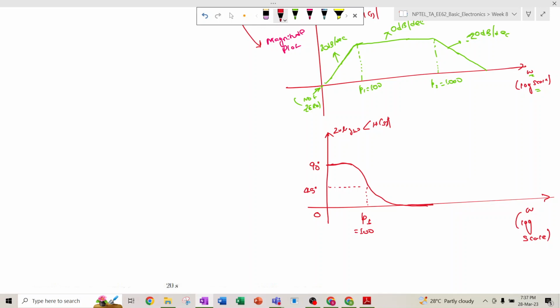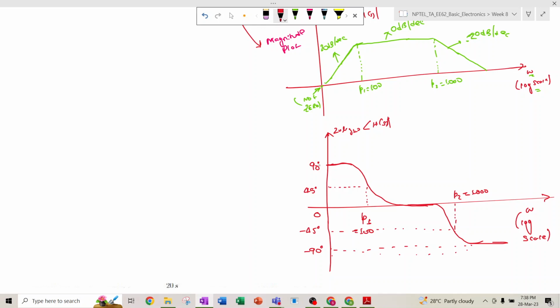Similarly, there is another pole, p2 equal to 1000, which also contributes minus 90 degrees, with a minus 45 degree shift at the pole point.